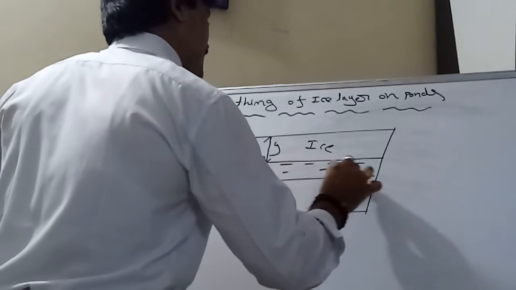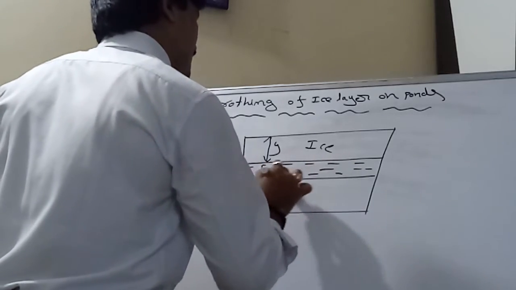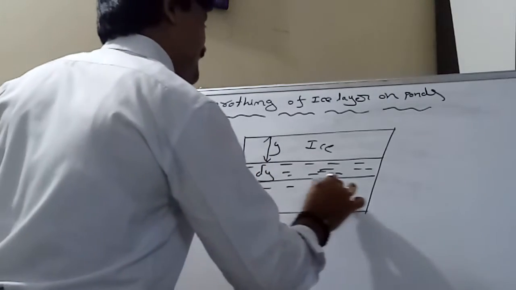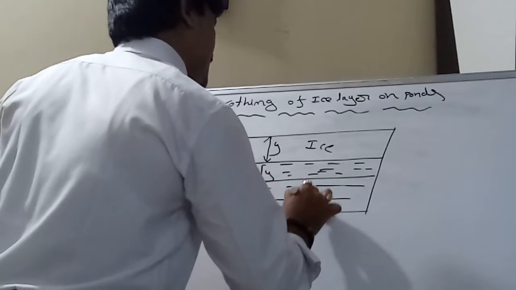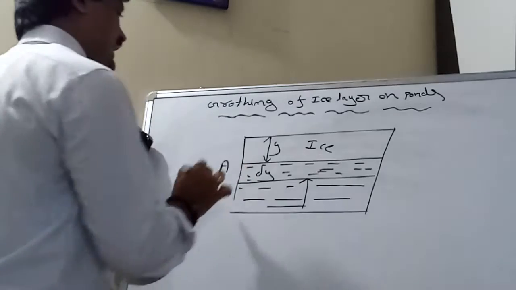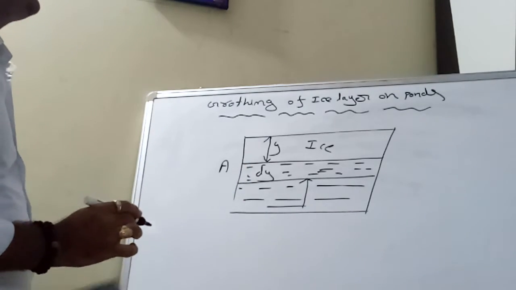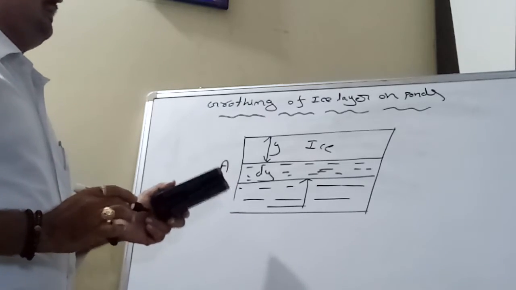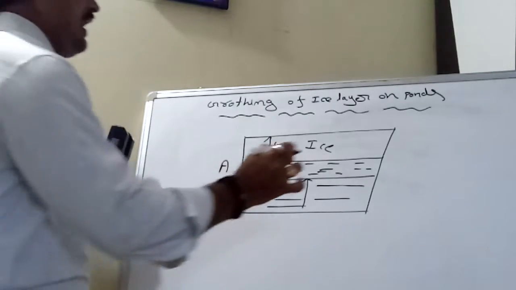The water is in contact with the lower surface of the ice, and A is the area of the lake. Here, heat escapes through the ice at any time dt.